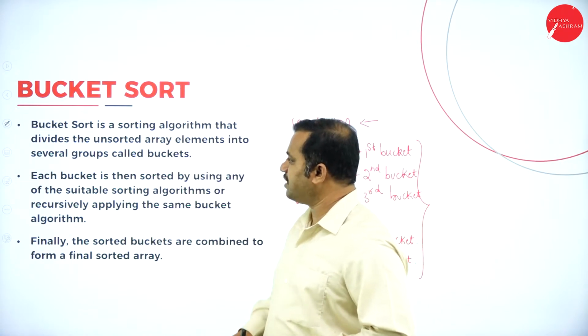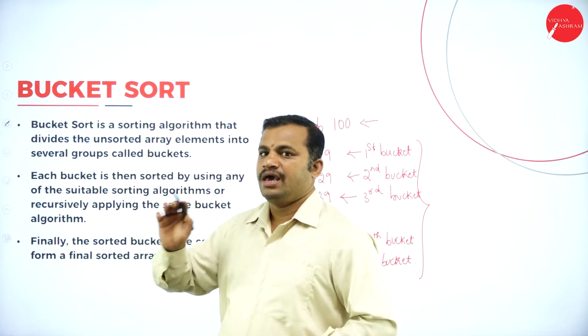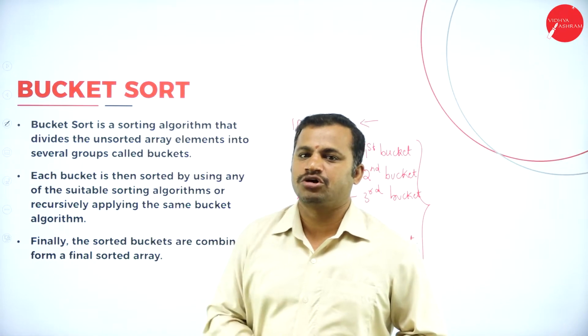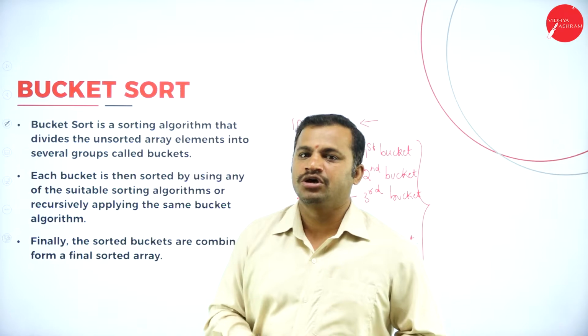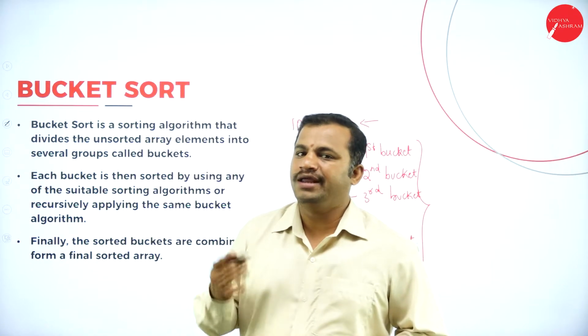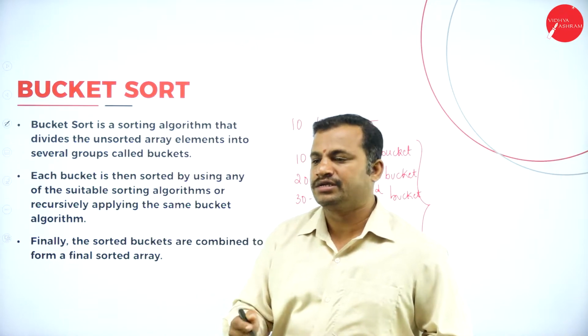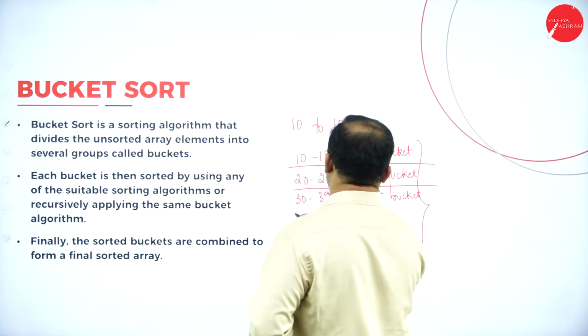Each bucket is then sorted by using any suitable sorting algorithm, whether it may be an insertion sort, or a bubble sort, or a selection sort, or a quick sort, or any of these sorting techniques. We are going to employ any of these sorting techniques in each of these single buckets.